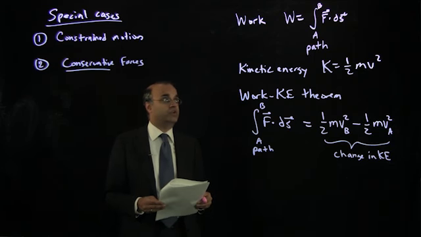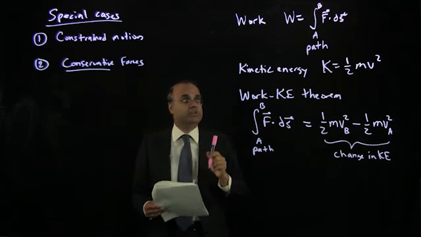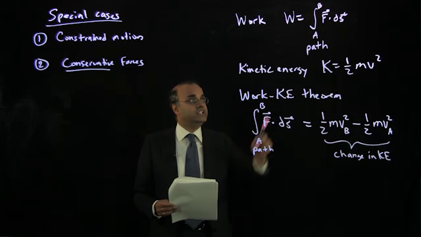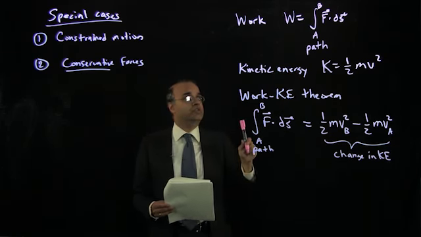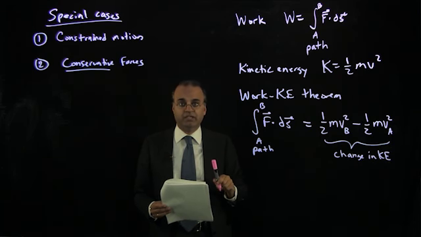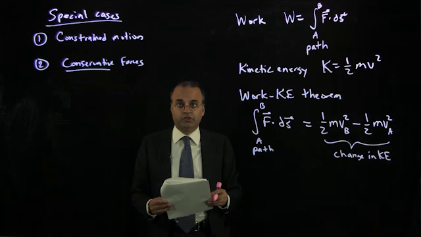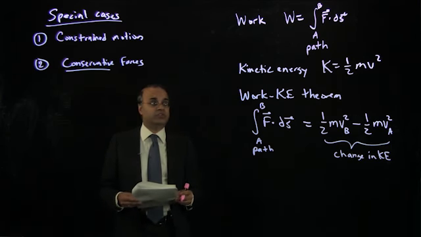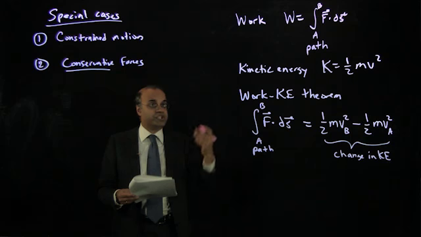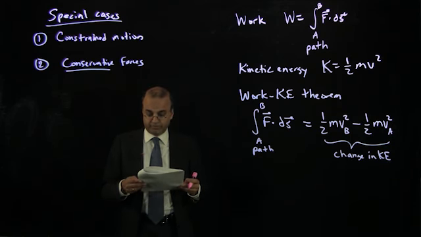So for a conservative force, the work integral only depends upon the endpoints A and B, and not upon the path you take to get from A to B. So for any path, you'll always get the same value of the work integral if the force is conservative. Okay, so those are the two cases in which we can usefully apply work and the work energy theorem.